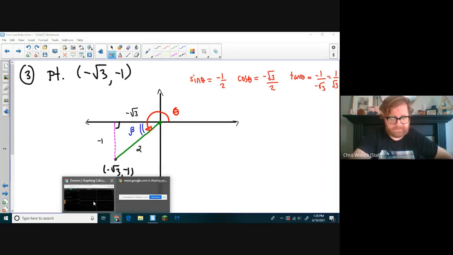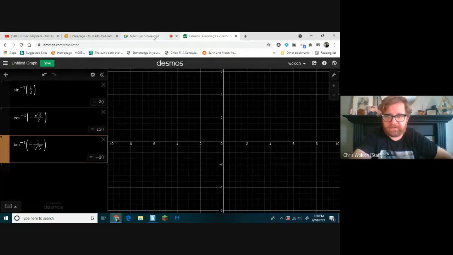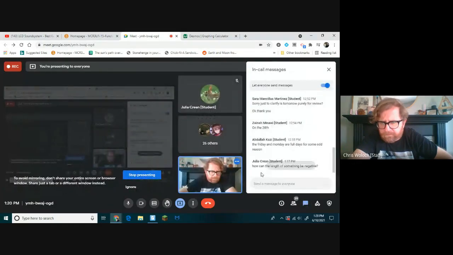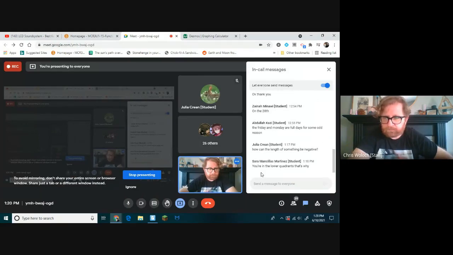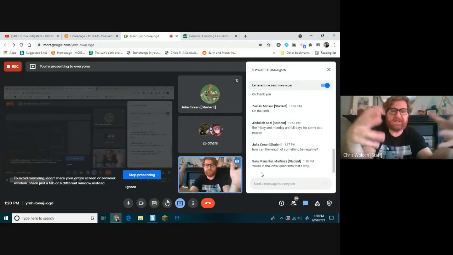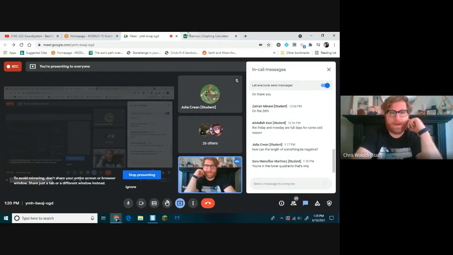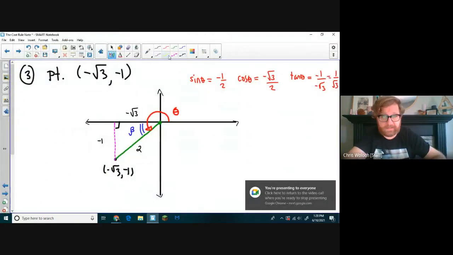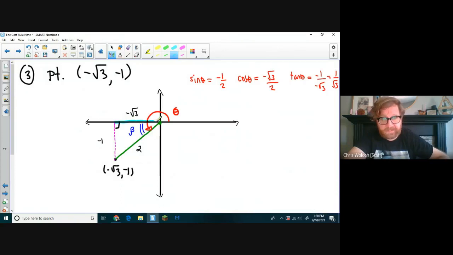I just heard someone. Is there a question or something? How can the length of something be negative? Oh, great question. We're using the negative to tell us where we are on the xy plane. So you're right, if I were to highlight this length here, this length is √3.